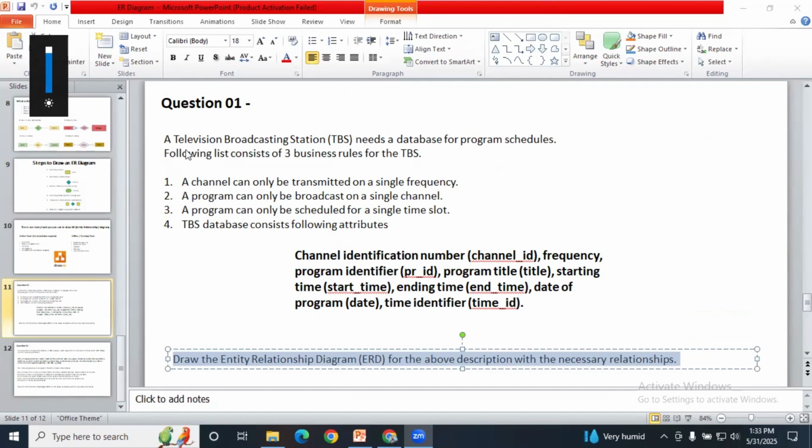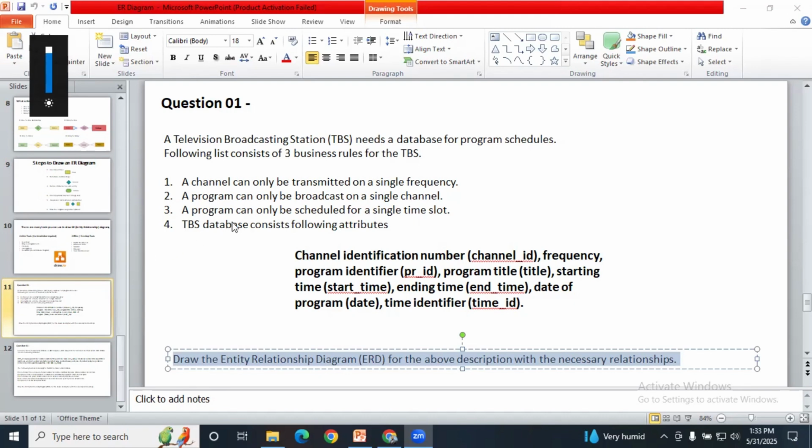The following list consists of three business rules for the TBS. The first rule is that a channel can only be transmitted on a single frequency. The second is that a program can only be broadcast on a single channel. Another is that a program can only be scheduled for a single time slot.